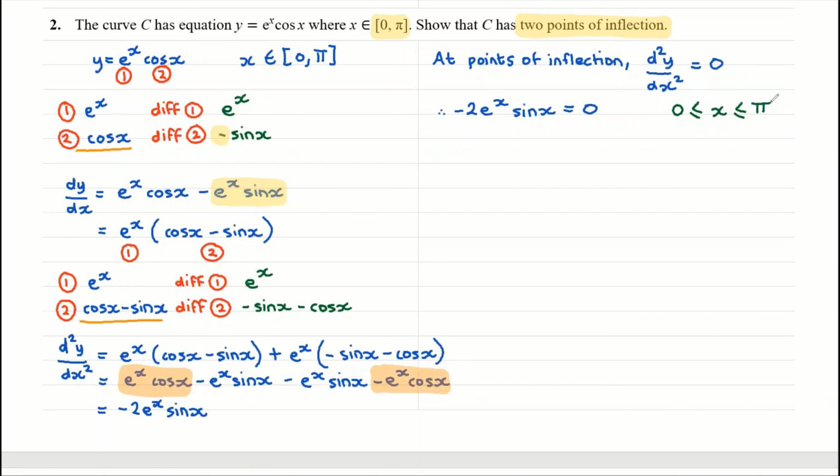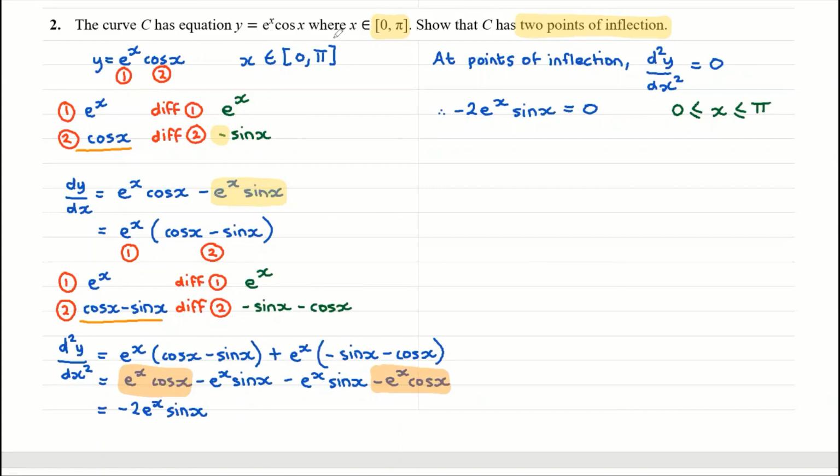Right. Now to solve this equation, we've got a product of three factors. We've got -2. If we're multiplying anything by -2 and the answer is 0, the -2 itself can't equal 0. So the -2 is gone.